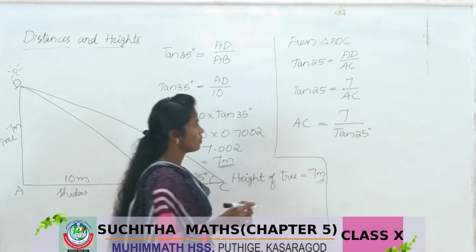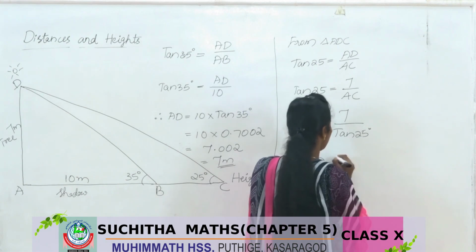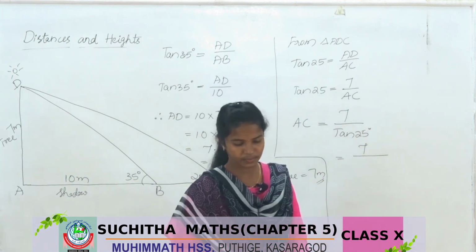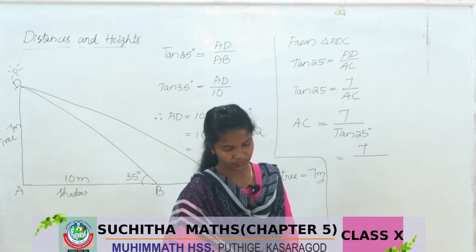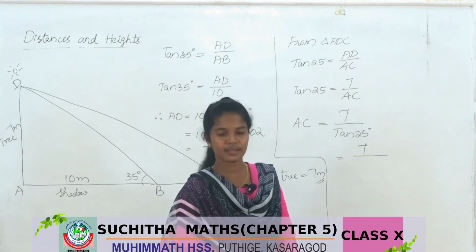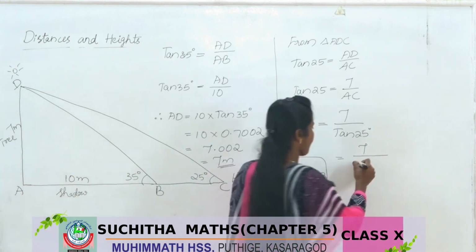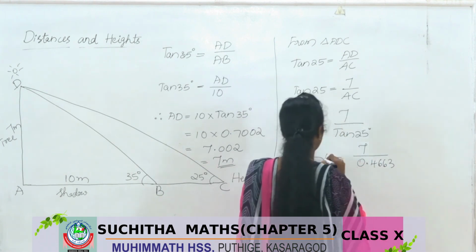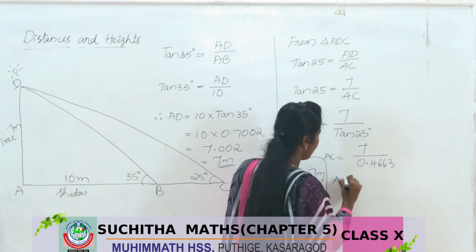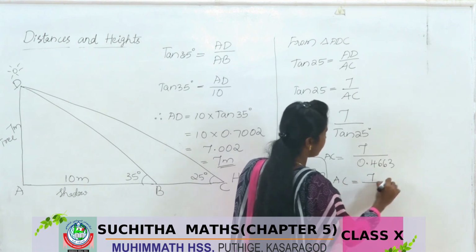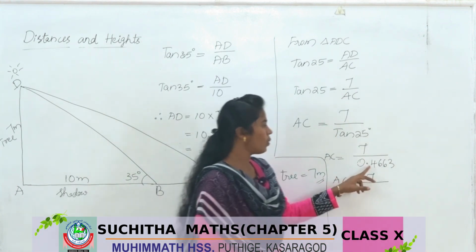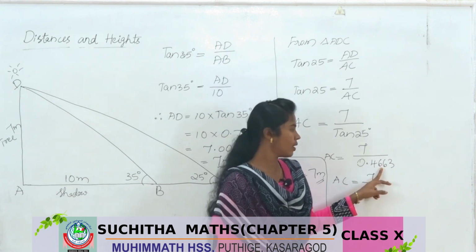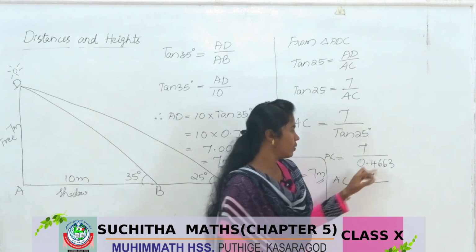Okay, tan 25 is 0.4663. That is AC equals 7 divided by 0.46. 46 becomes 5, so by rounding up we get 0.5.